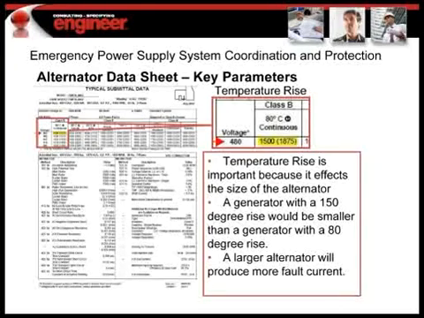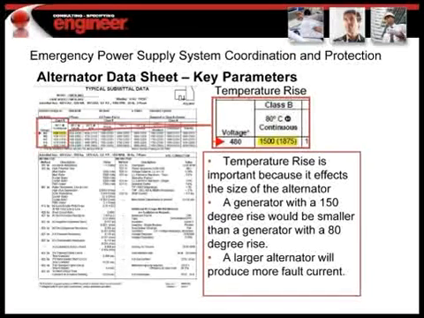Well, that same alternator might produce 1,500 kW at 80 degrees. This is all manufacturer-specific information, but you need to be aware of that because if you're specifying alternators that have a low temperature rise, you're actually going to get a bigger alternator. What that does is affect the fault current that's available from that alternator.